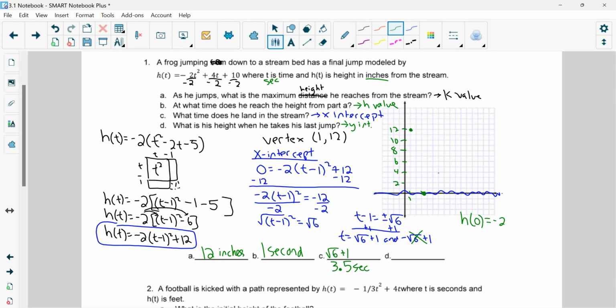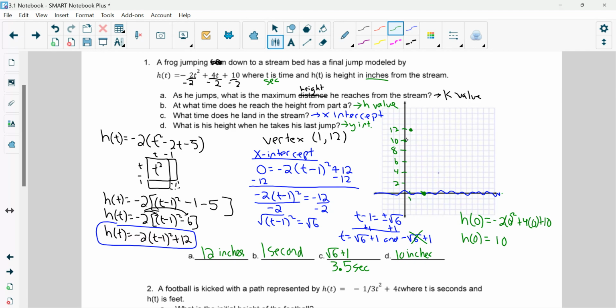So it'd be negative 2 times 0 squared plus 4 times 0 plus 10. These become zeros, and so we get 10. So that means it started 10 feet, or sorry, 10 inches. I keep saying feet. 10 inches off the ground.